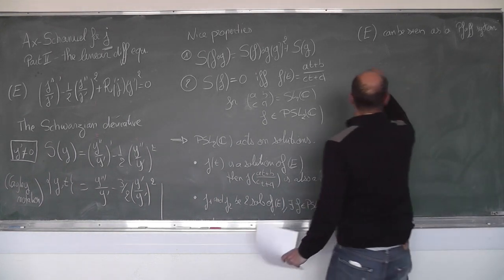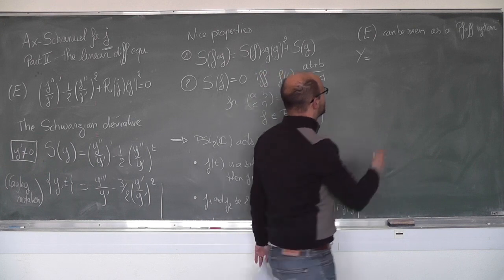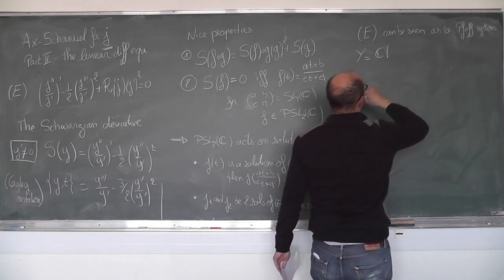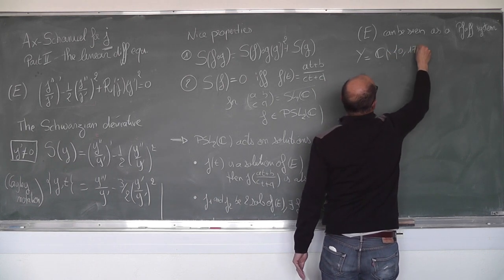So here is our space. We start with Y, which is just the space where j is taking its value, so it's C minus these 2 points.